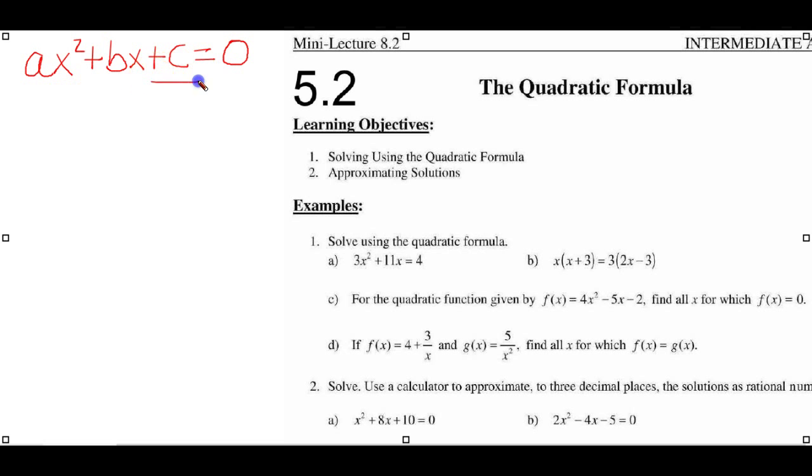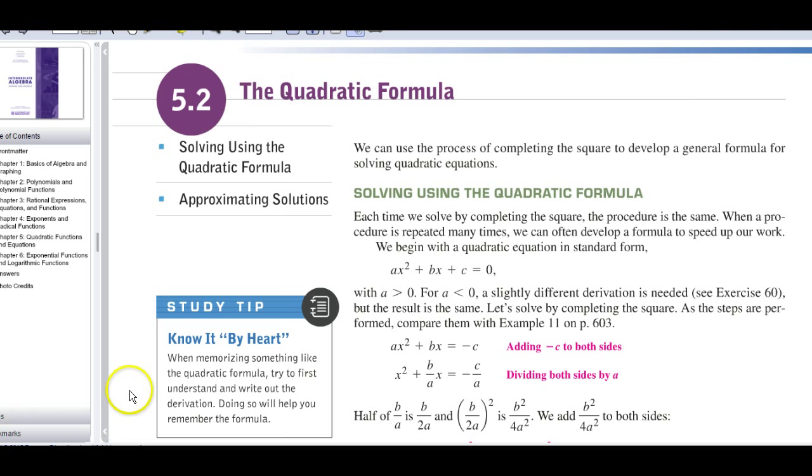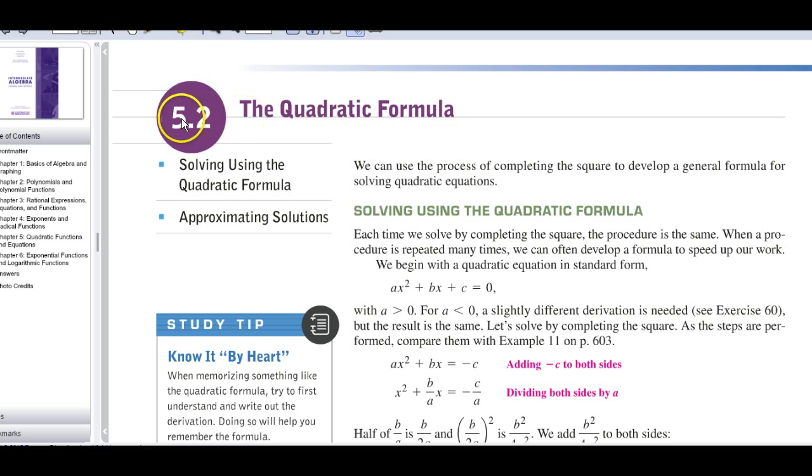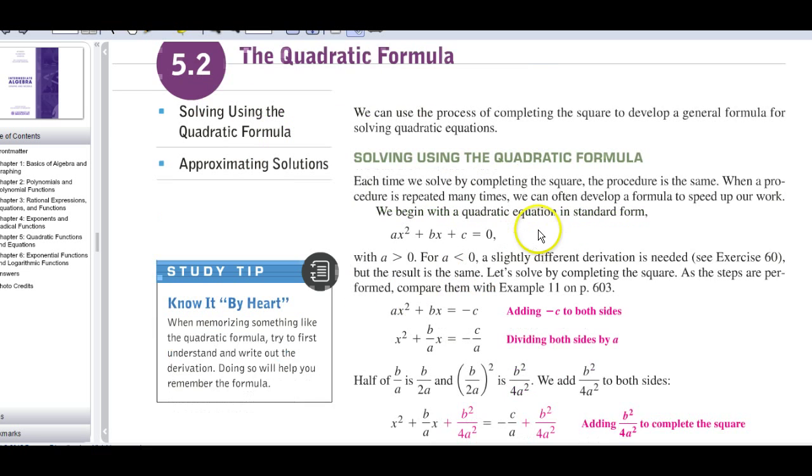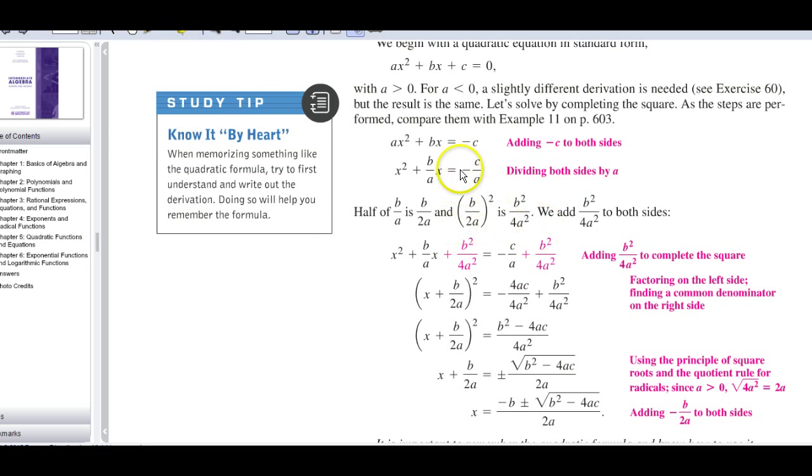We're going to take our c term and bring that c term over to the other side. And then we're going to divide by a and do a few things. In fact, if we look at the textbook page here, we see that the quadratic formula is written up in topic 5.2. And if we look through it, there's our formula, the quadratic formula in standard form.